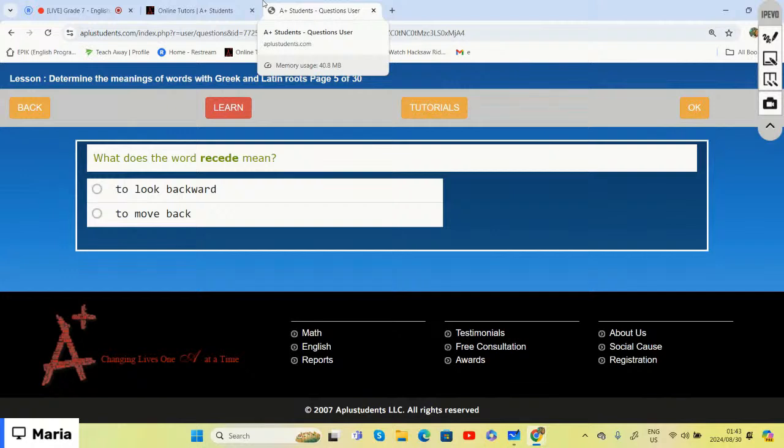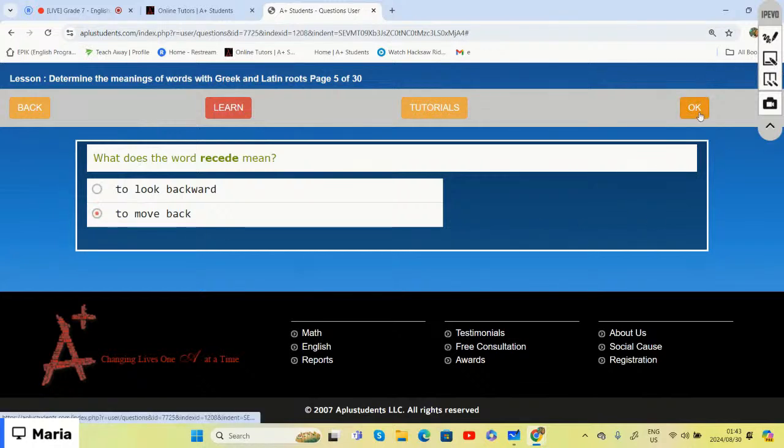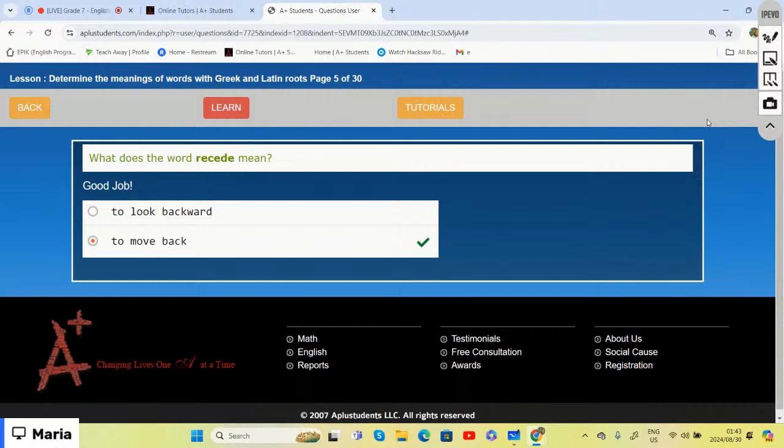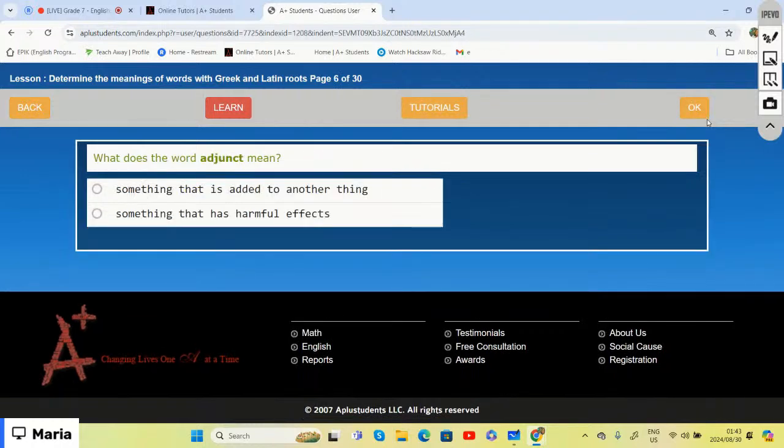And if we look at the word recede, if we were to choose the correct option, we would say to move back, to recede, to move back, or go further away.